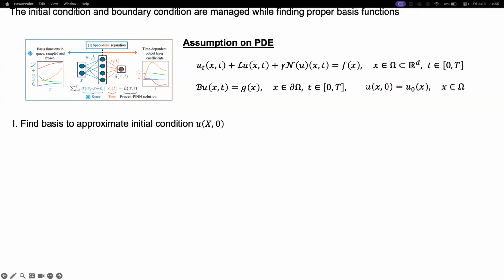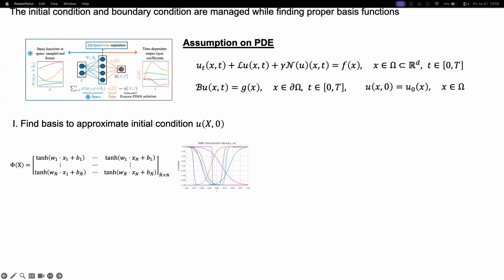We solve the basis function for the initial condition, which is u(x, 0). So it's just the same. We already did this. For the basis function, we use the SWIM method to sample the basis functions, and we solve the boundary condition term.